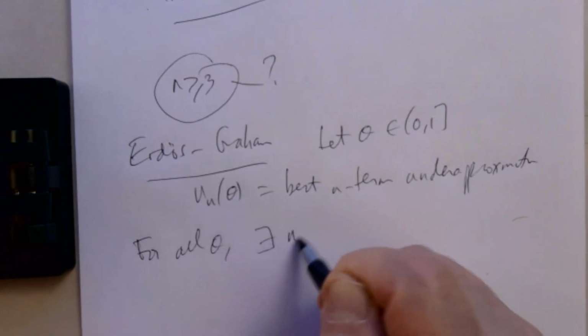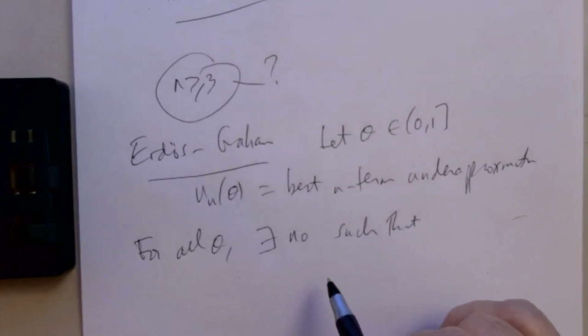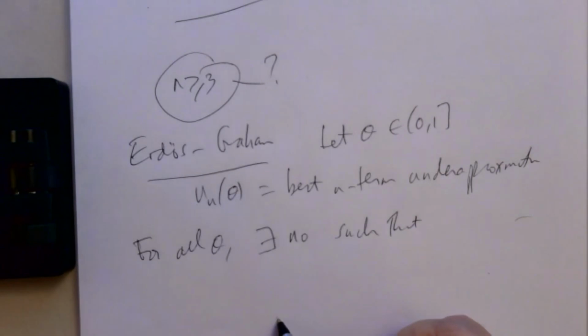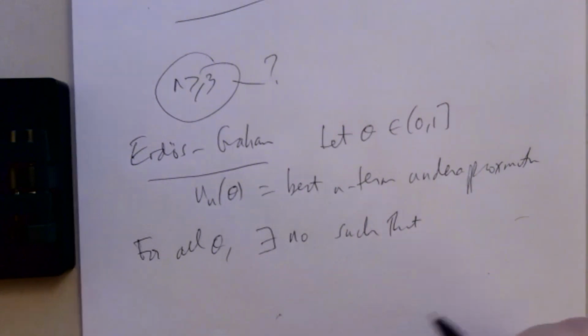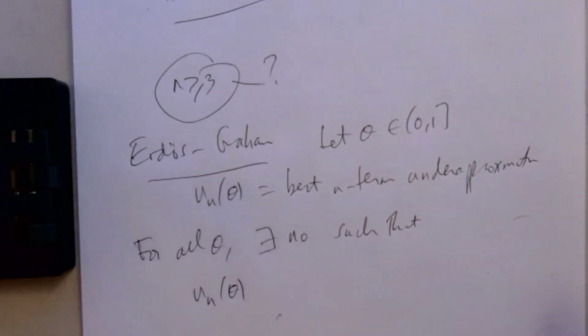there exists some number n naught such that u sub n of theta can always be obtained in the following way.